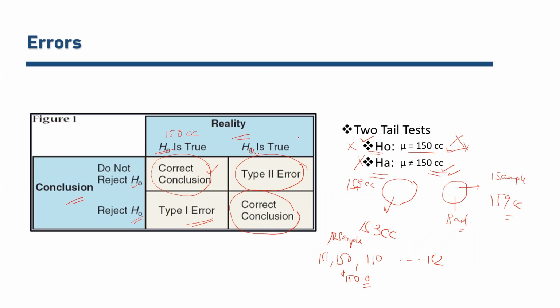So the machine was actually not producing 150 cc, but you did not reject the H0. You said that no, this is not 153 cc, it is 150 cc. So you are producing bottles with a volume of 153 cc, and in turn you are losing out 3 ml or 3 cc of perfume for each bottle, and this will lead to a huge loss for you.